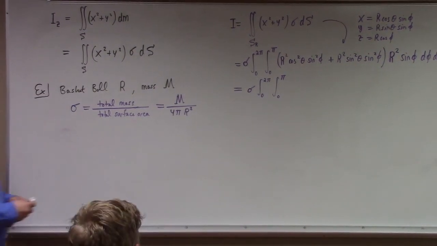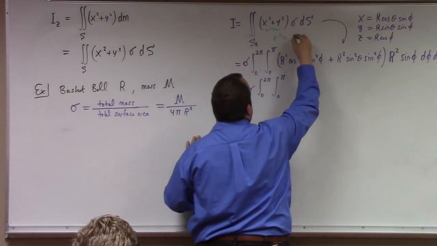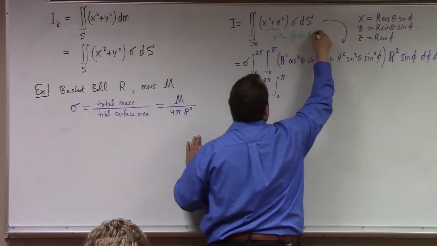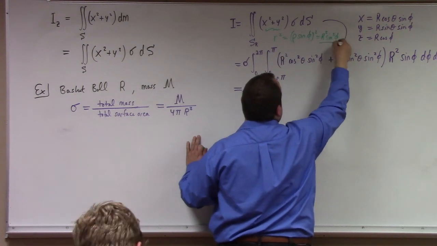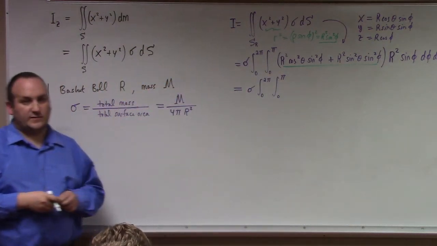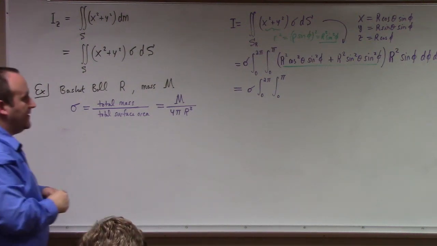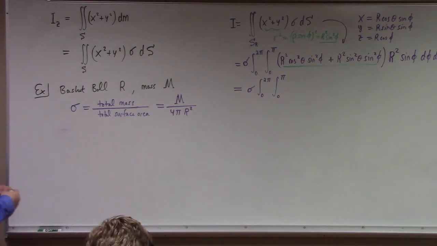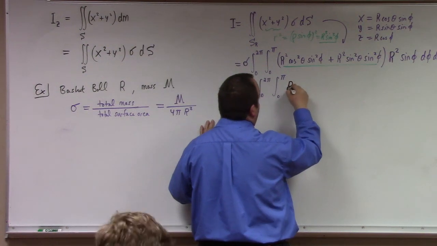A lazier way is to notice that this is in fact r squared, which is rho sine phi squared, which in this case is r squared sine squared phi. R squared sine squared phi is exactly what this simplifies down to, because cosine squared plus sine squared is 1, and you got a common sine squared phi. So it is completely unsurprising that that simplifies to r squared sine squared phi because of the interrelation of spherical and cylindrical coordinates.